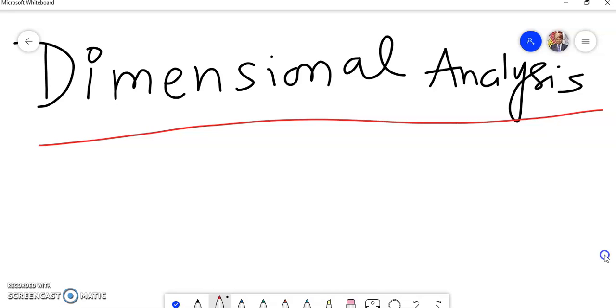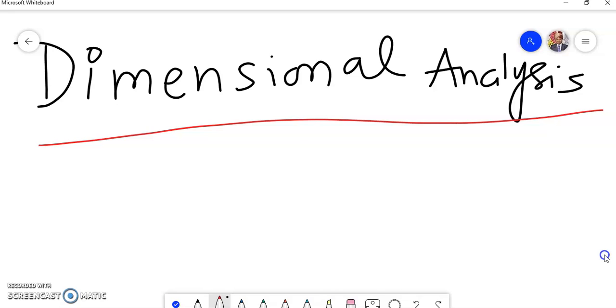That means they cannot be expressed in terms of other quantities. Rather, the quantities which are not fundamental can be expressed with the help of the fundamental quantities.